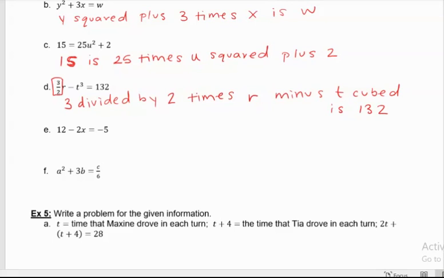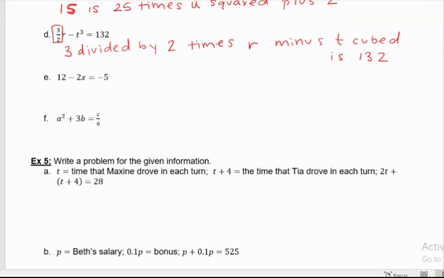So that's how I think most people write it. You could also write it as 3/2 times r minus t cubed is 132. So you can write it as 3/2 or 3 divided by 2.